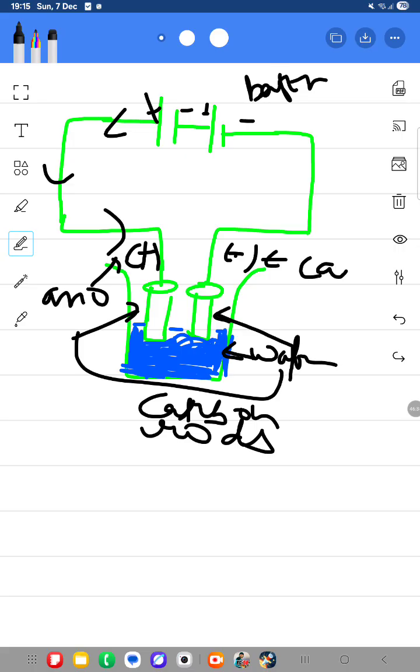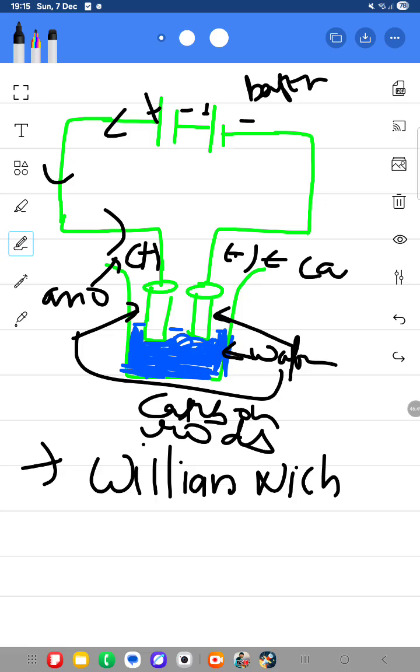So this experiment will show the chemical effect of electric current, which was discovered by the scientist William Nicholson. There are various ways to prove chemical effects of electric current, magnetic effects of electric current, and heating effects.